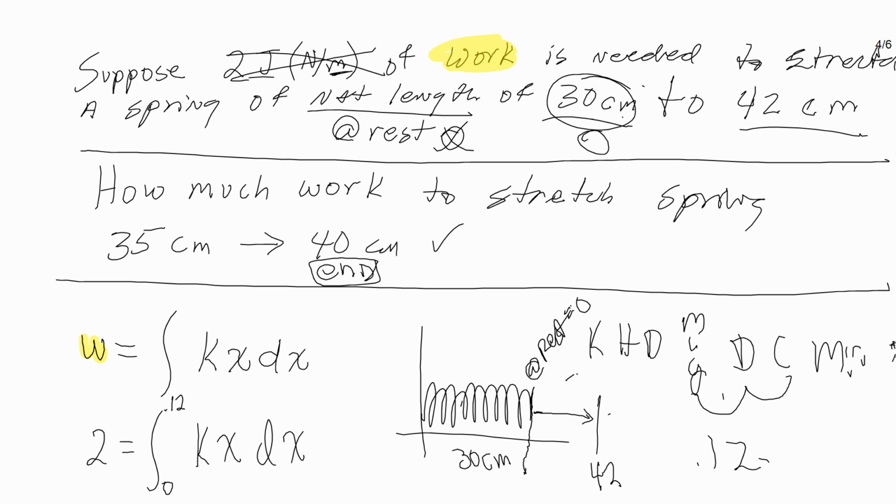All right, so it traveled a distance of what? 10 centimeters. Now, where does the beginning start? The beginning starts not at 0, but at what? 5 centimeters. 30 from 35. So it started at 5 centimeters, and it ended at 40, which is 10 centimeters from the beginning. Everything focuses around this guy.